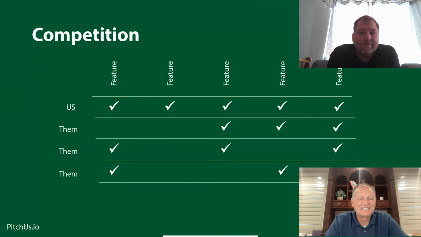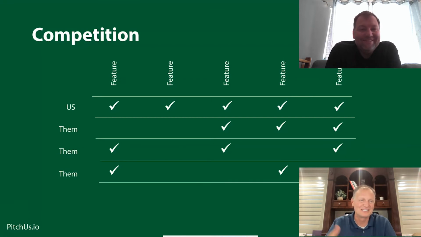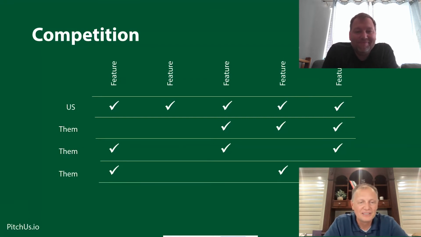Yeah, this is an interesting one, because a lot of times we've seen companies that actually just leave this out, and we always tell them, well, go back and read Tim's book. That's the reason you have a template, so you don't leave important things out. This is super important. I think what we see a lot of times is sometimes the features that are listed aren't really that meaningful.